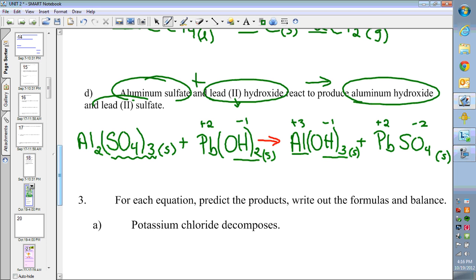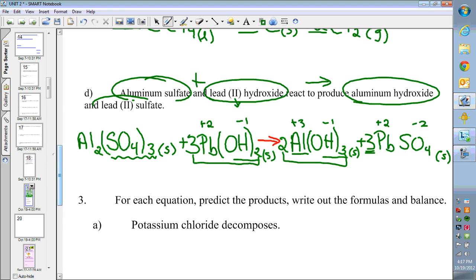I see 3 SO4s on one side. I'm going to put in a 3 over here, and that will make 3 SO4s. Now I have 3 leads on the right, so I come back over to the left and put in a 3 there to make 3 leads. This gives me 6 hydroxides. To get 6 hydroxides, I put a 2 in front of my Al(OH)3 because 2 times 3 makes 6 hydroxides.